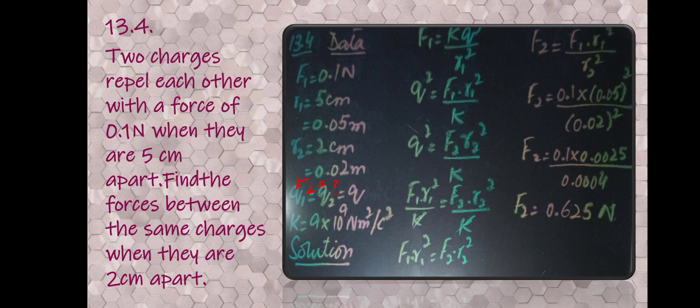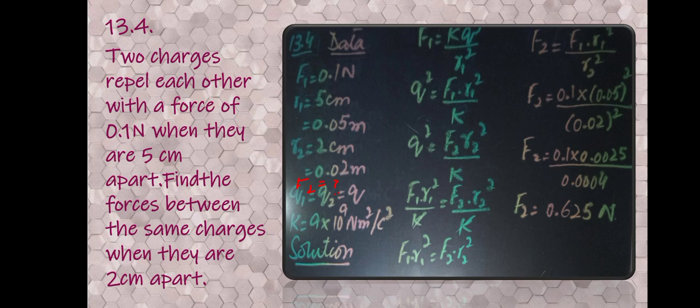What I have done, I have skipped the step that mentions Q1 and Q2, and then you have to write Q and Q for both of them, and we will get Q square because I have explained it before. Now Q square will be F1 R1 square divided by K, and the same thing for the second case will be Q square because the charges are the same. That's why we have taken them on one side. Q square for the first case and Q square for the second case also.